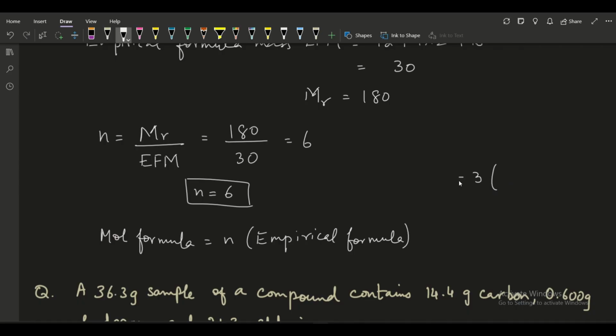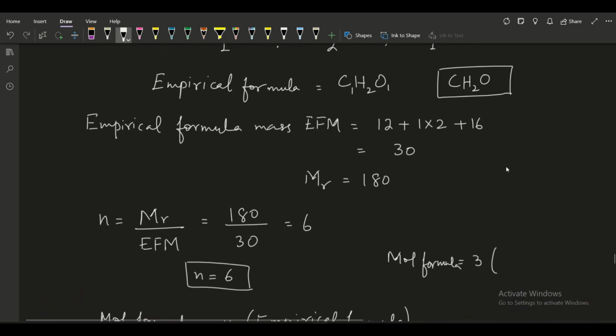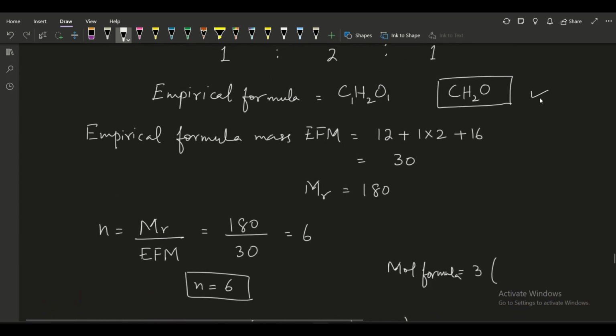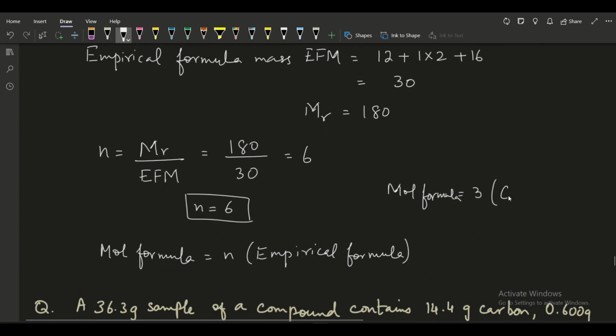That means the molecular formula would be 3 multiplied by empirical formula. What was the empirical formula? It was CH2O. When you multiply it with 3, the molecular formula comes out to be C3H6O.